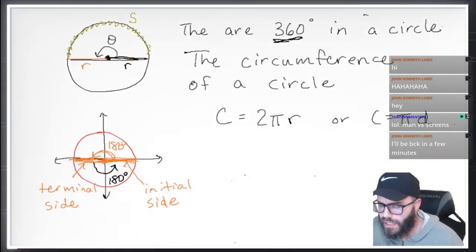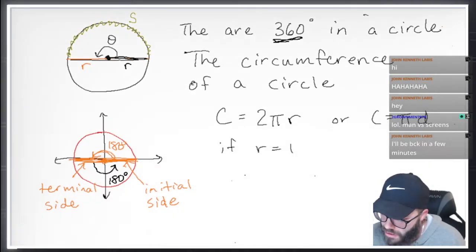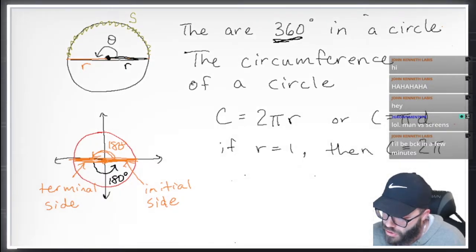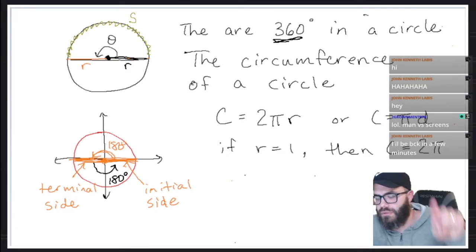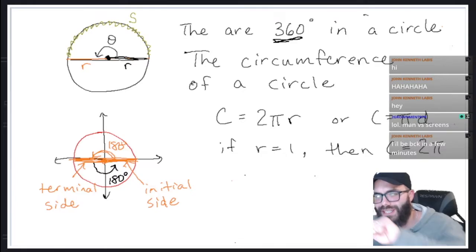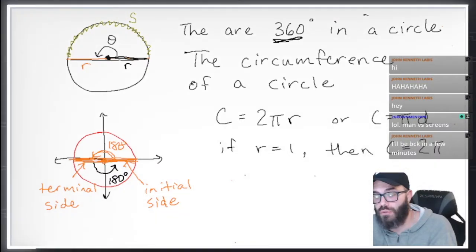So if we have a circle that has a radius of 1, if radius is equal to 1, then circumference is 2 pi. Circumference is the distance around a circle. So if I have a circle that has a radius 1, then the distance around that entire circle is 2 pi units.